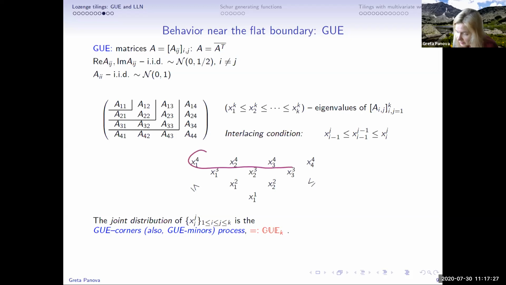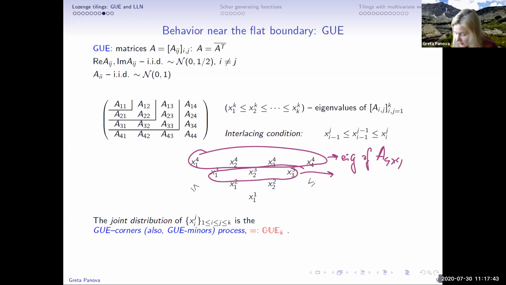inequalities. So these are the eigenvalues of, in this case, the last matrix, the 4 by 4. These are the eigenvalues of the nested matrix.